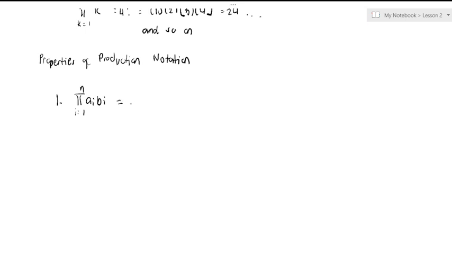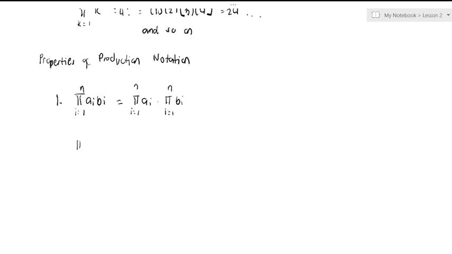So, this is equal to pi of a sub i, i equals 1 to n, times pi of b sub i, i equals 1 to n. Okay? So, imagine this is very obvious because we are talking about product and product is commutative. No? So, kaya pwede natin siya gawing ganyan. Okay?